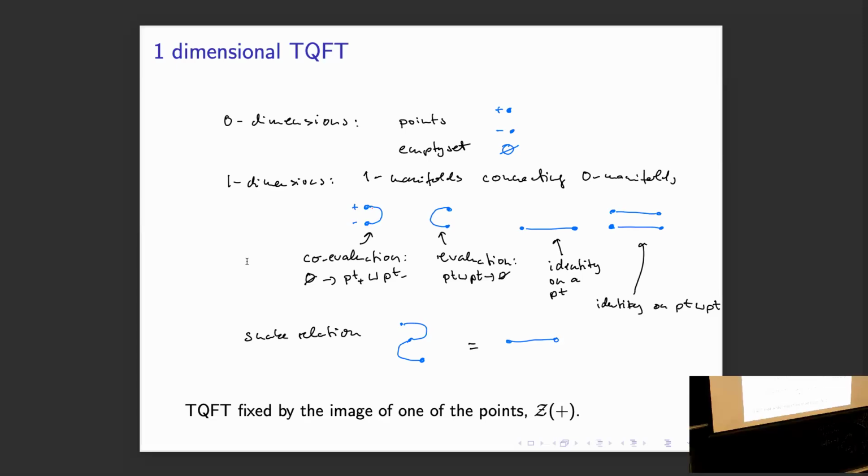I need that the object that this is mapped to in the target category is dualizable. And then the evaluation gets mapped to the evaluation in the target category, and the co-evaluation to the co-evaluation, and so on. And everything is determined by these ingredients.